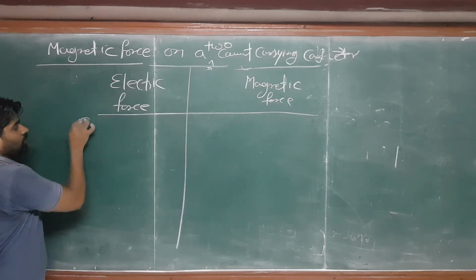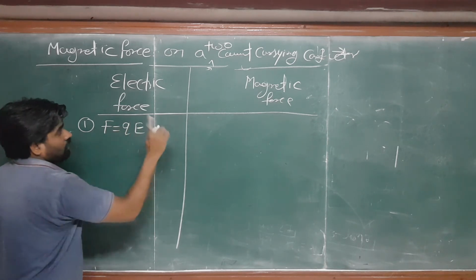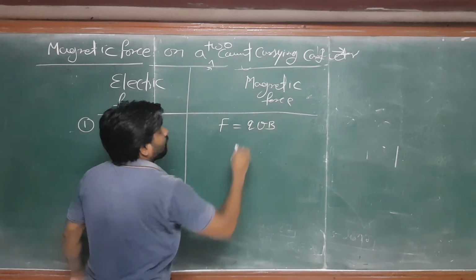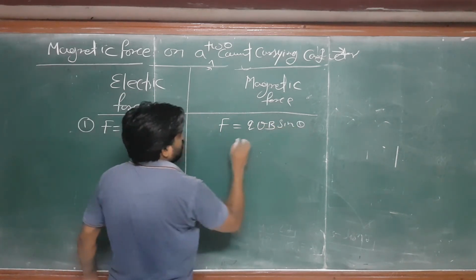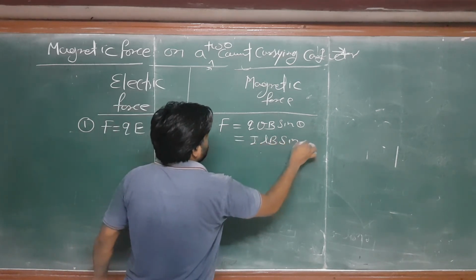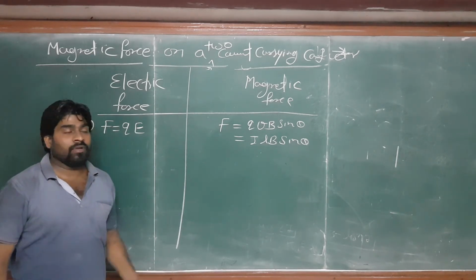Point number 1: the formula for the electric force is F is equal to QE. For the magnetic force, the formula is F is equal to QVB sin theta. I am writing in the magnitude form. Either you can write I L B sin theta. If theta is 90 degrees, then it comes to QBV and ILB.